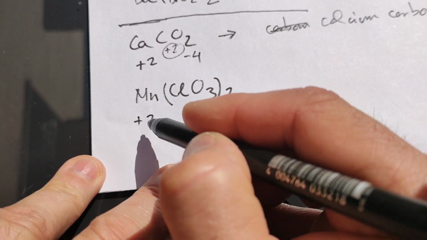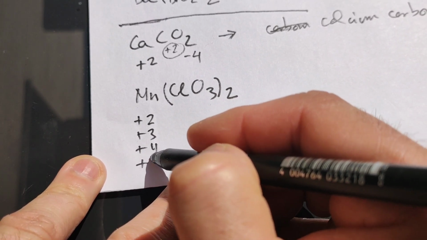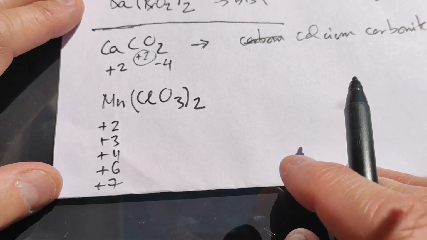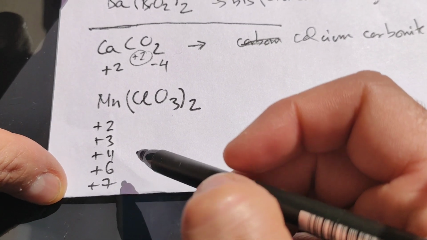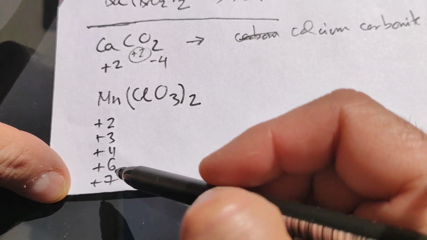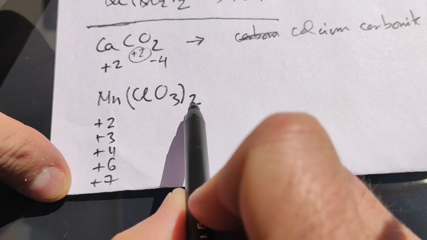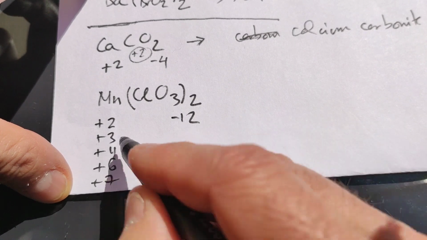Manganese is +2, +3, +4, +6, and +7. Theoretically, we have to check which one of these 5 different oxidation states is the right here. Then we take all of them and we say number of oxygens 3 times 2, 6 oxygens. That's to say -12. Okay, -12 for all of them.